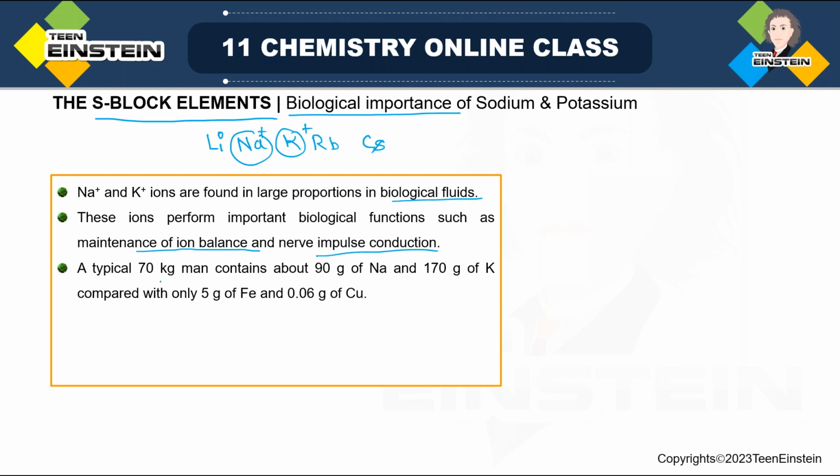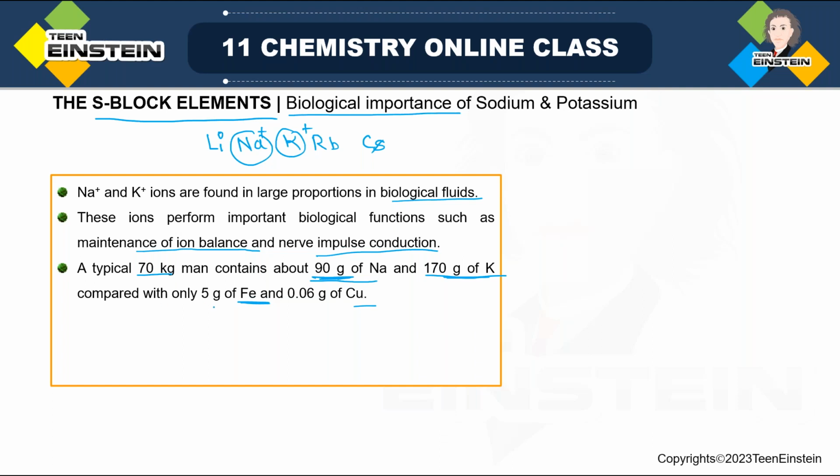Now if you see this data, the typical 70 kg man contains 90 gram of sodium and 170 gram of potassium. See, if you compare this amount of these two elements with iron and copper, these metals also have biological importance.